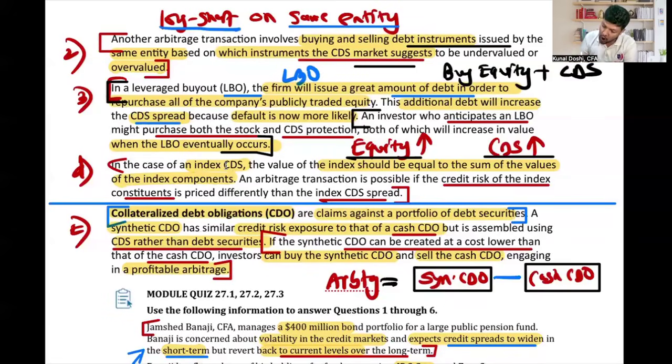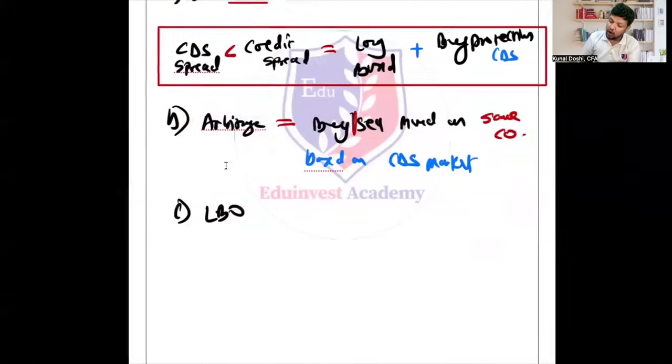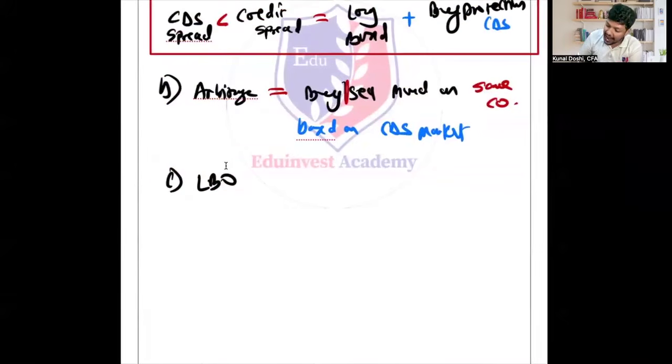An investor who anticipates an LBO might purchase both the stock and the CDS protection. So someone who's worried that with the LBO the risk will increase will do two things. They will buy the equity because they expect that if it is successful, the value of the company will go up.